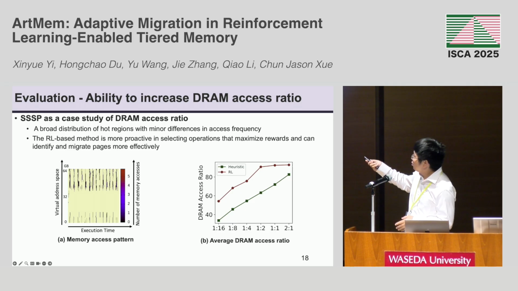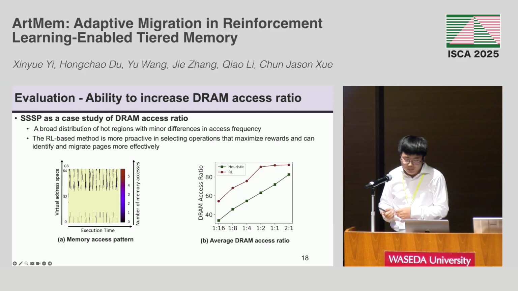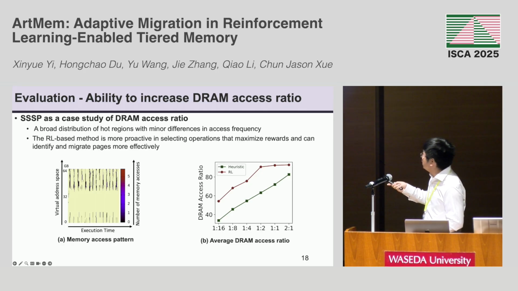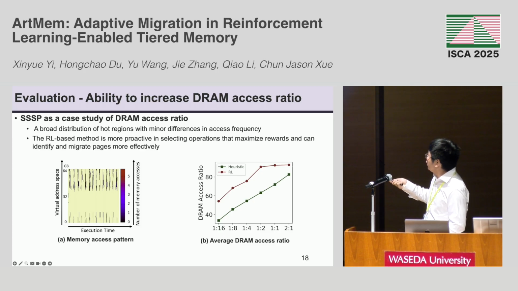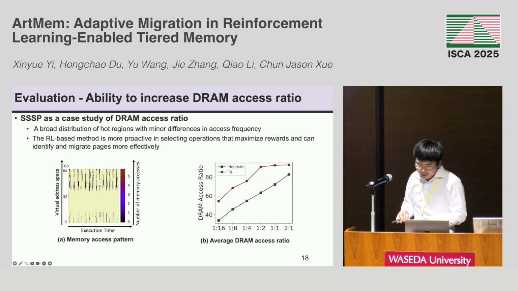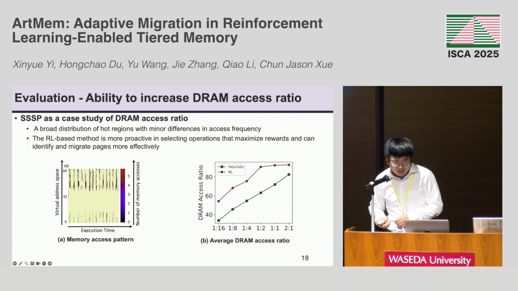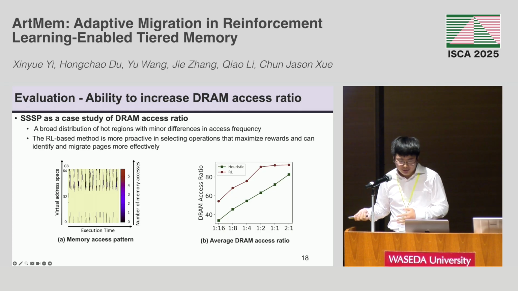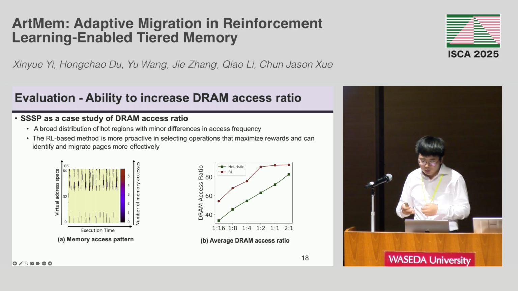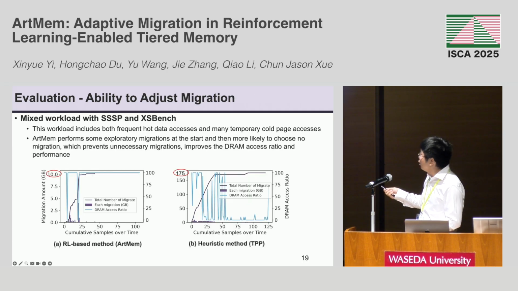As you can see in the right figure, ArtMem consistently achieves a higher DRAM access ratio across all these memory settings compared to the heuristic-based method. This directly translates to better performance, because more memory accesses hitting the fast memory tier strongly correlates with the overall performance, as we showed earlier.